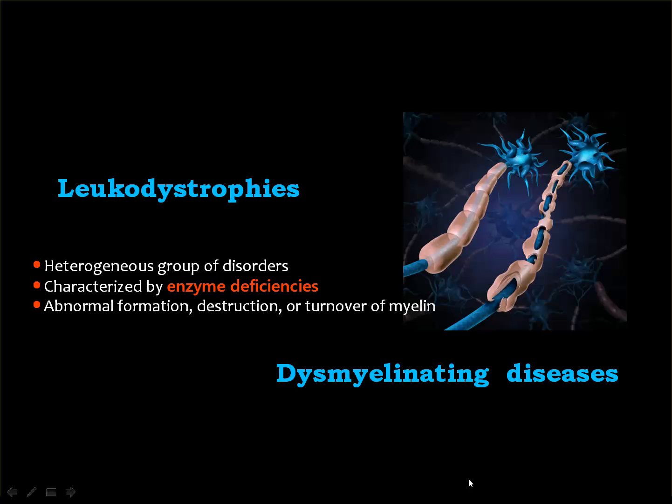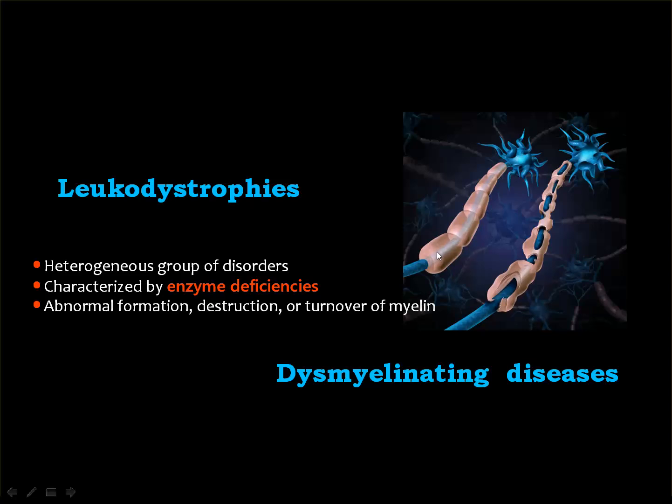Then what is leukodystrophy? Leukodystrophy means that there is abnormal myelination or pathological myelination of the axons of the nerve fibers.